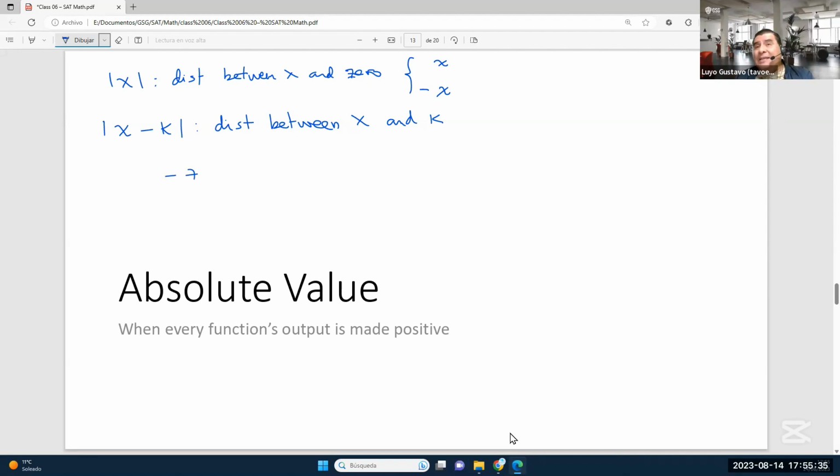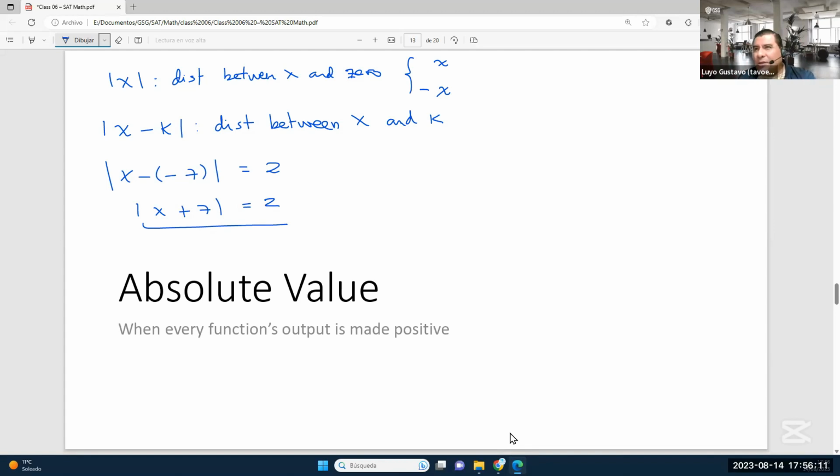If the distance between a number x and -7 must be 2 units, I can express this by saying that the absolute value of x minus -7 must be 2 units. This means that the distance between x and -7 is 2 units. Of course, here the double negative turns it into x plus 7 equals 2. But what does this equation originally mean? That the distance between x and -7 is 2 units.